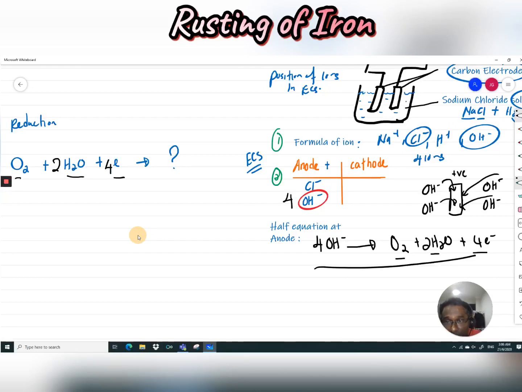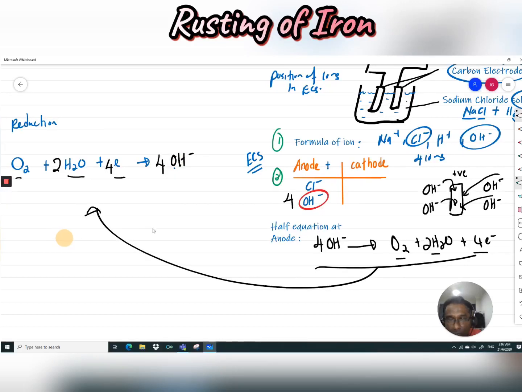So what is the name of the product we will get here? It will be 4 hydroxide ions. You just need to make it reverse.